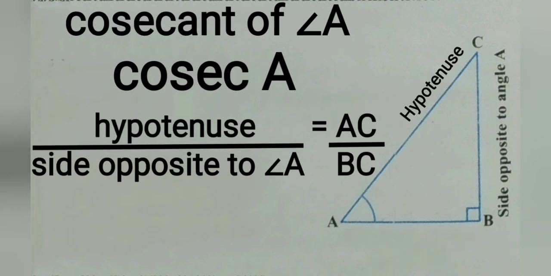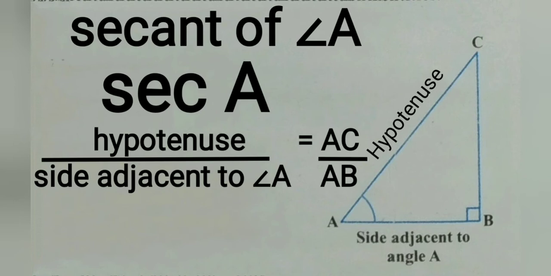Cosecant of angle A, also called cosec A, is the ratio of the hypotenuse and the side opposite to angle A. Also, it is AC upon BC. Secant of angle A, also called sec A, is the ratio of hypotenuse and the side adjacent to angle A, which is also equal to AC upon AB.